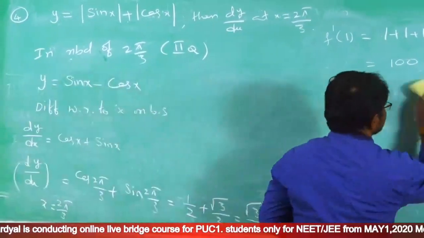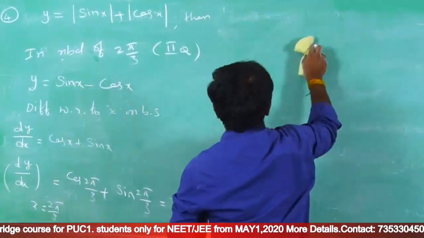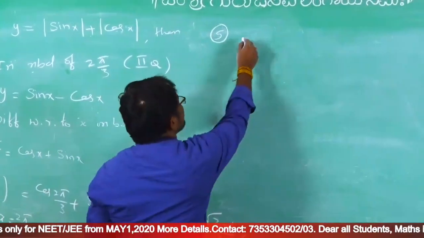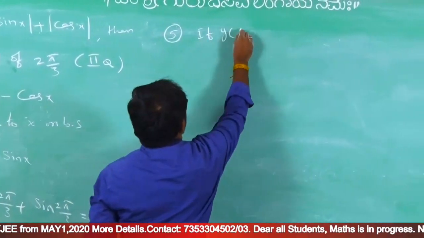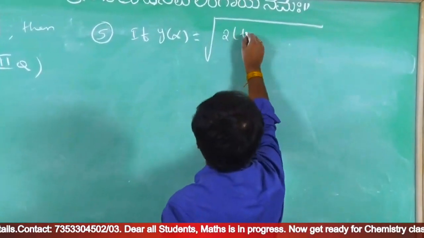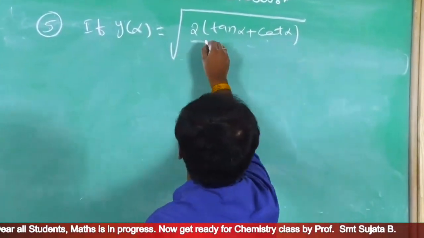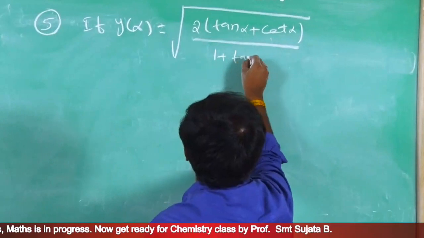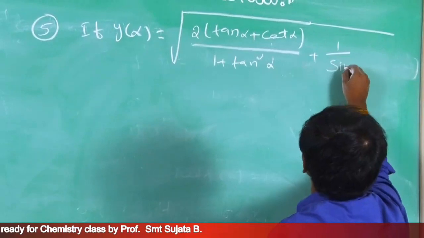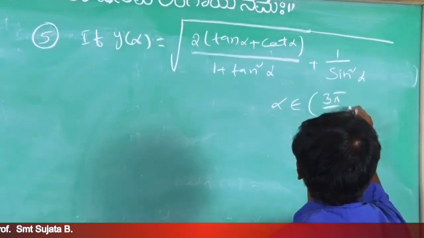And now one more problem based on this one only. The fifth one. Suppose y of alpha equal to root of 2 into tan alpha plus cot alpha divided by 1 plus tan square alpha plus 1 by sin square alpha, where alpha belongs to 3 pi by 4 to pi.